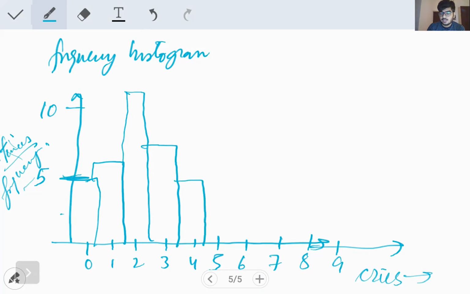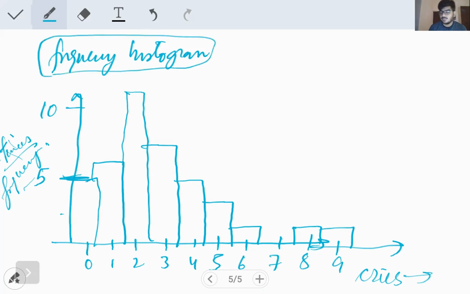Accordingly, we could see that 3 of them have cried 5 times, and 1 student cried 6 times. No one had a 7 cry. 1 student each has 8 cries and 9 cries. Right. So this is what is called a frequency histogram.